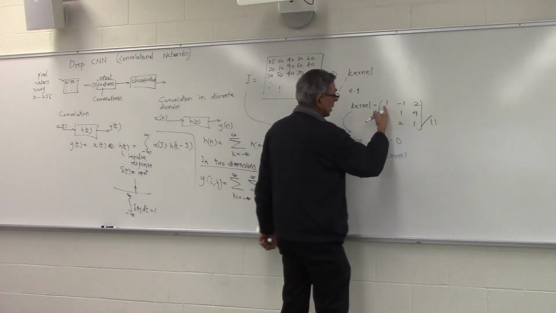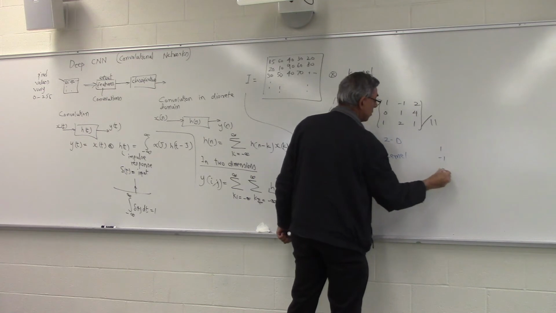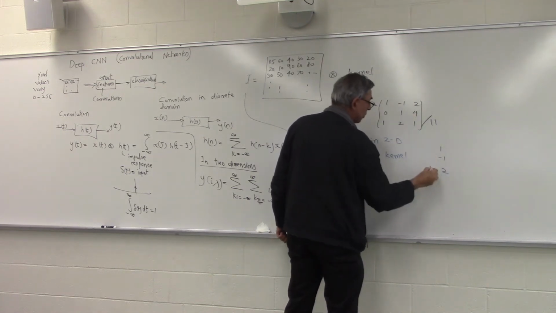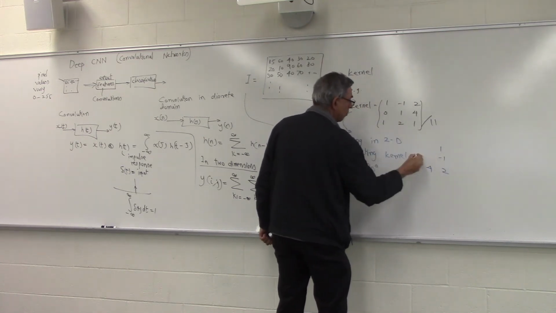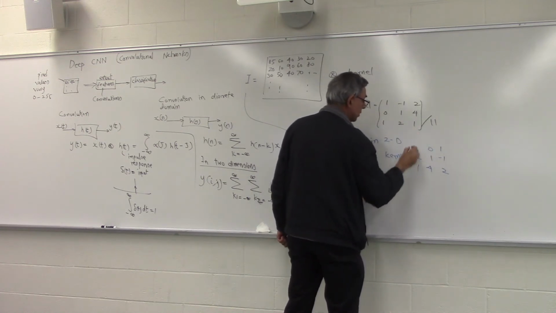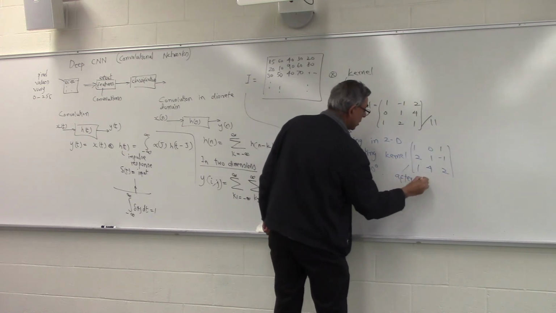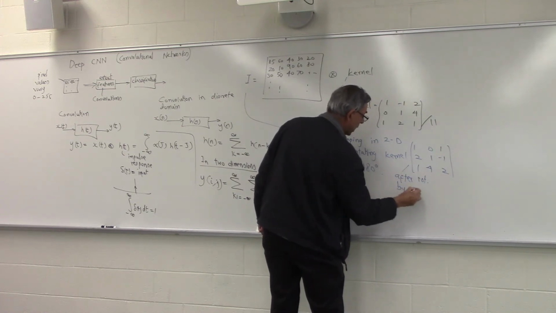So it was pretty straightforward. Row: 1, minus 1, 2, and then 2, 4, 1, then 1, 2, 1, then 1, 0, 1. The center value stays the same. So this is after rotation by 90 degrees.